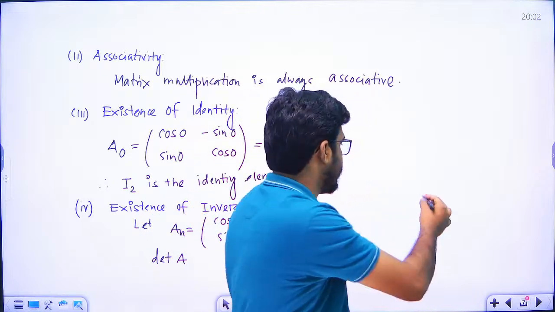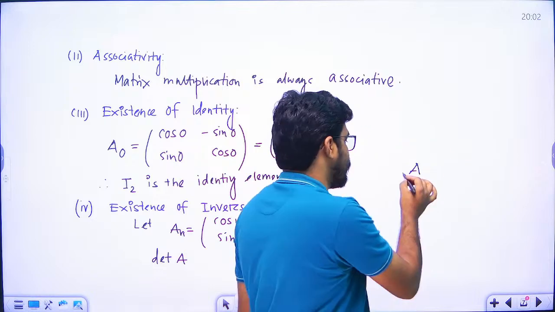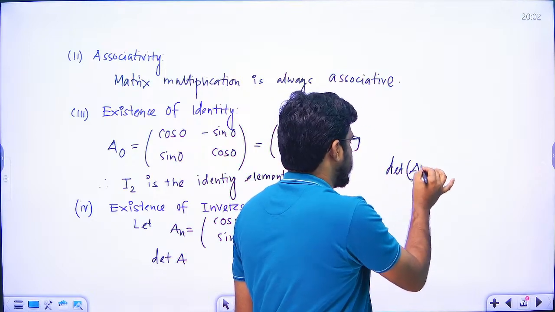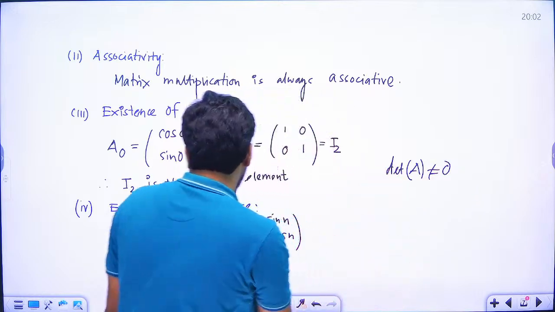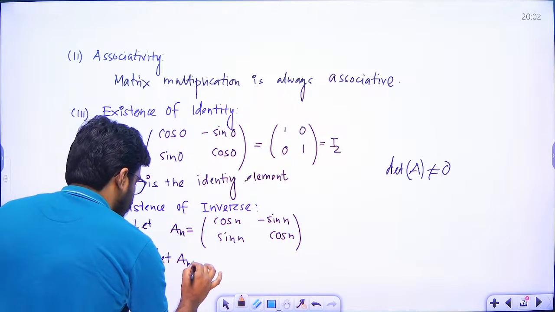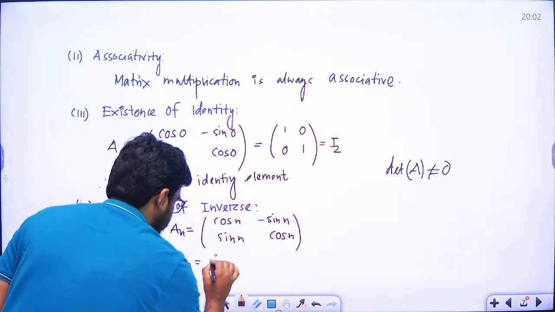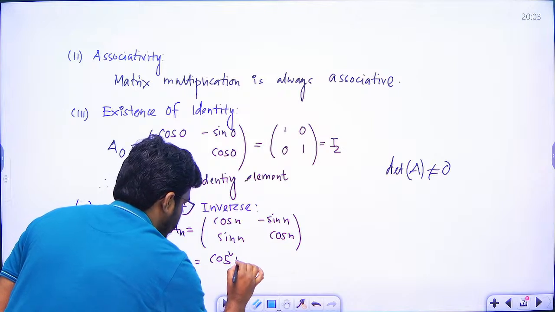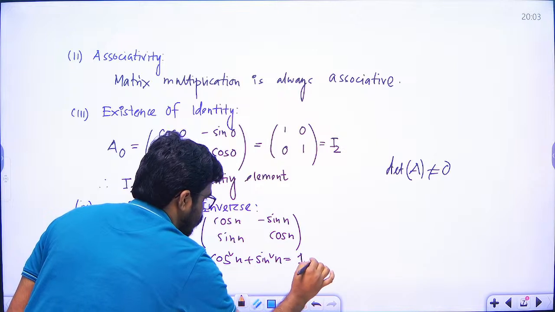We know that a matrix A is invertible, that is, the inverse exists, if A is non-singular, that is determinant A is not equal to 0. So determinant of A n is cos square n plus sin square n, which is 1.